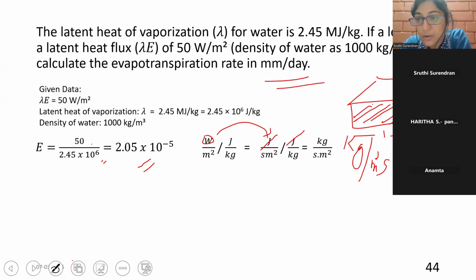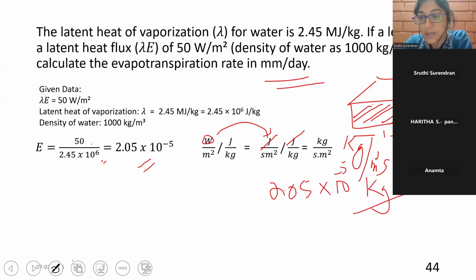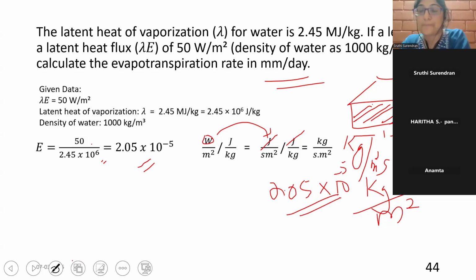So the answer that we are getting over here is 2.05 times 10 to the power minus 5 kilograms per meter square. We know that 1000 kilograms will give a depth of 1000 mm. So how much height of water, what depth of water, will 2.05 times 10 to the power minus 5 kilograms give us?